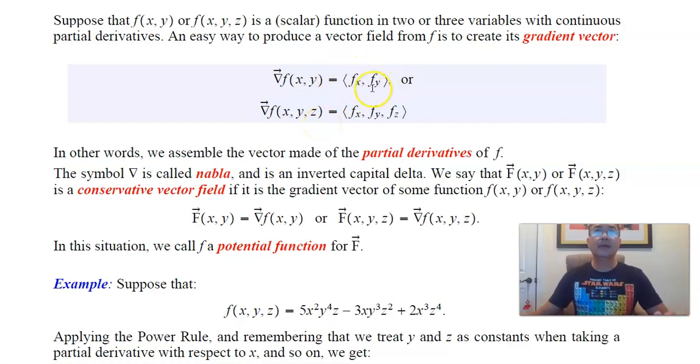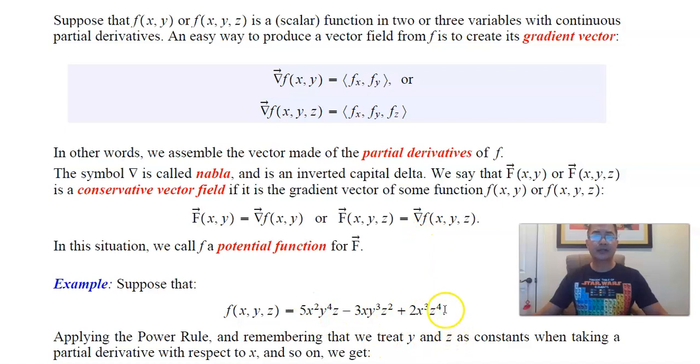It's a vector where you see the partial derivatives of that function. So you have fx, fy, or fx, fy, and fz. So to complete the picture, we will say that capital F of x, y is the gradient of little f of x, y, and so on for x, y, and z.